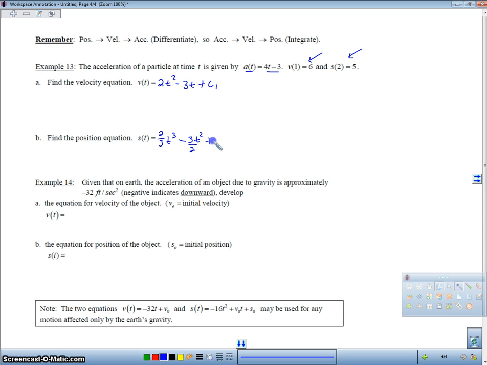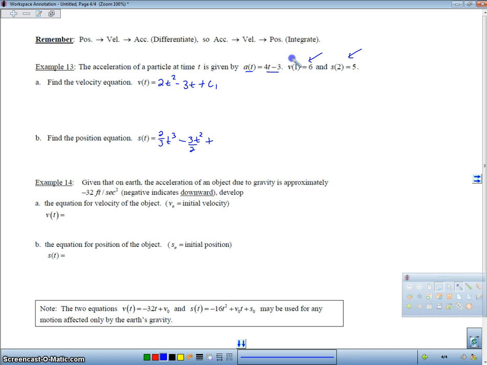Now when I take this one, notice here, I could end up with a C1 here if I didn't have my initial condition. I'm going to end up with a C at the end because every time I take an integral where I don't have a condition, and I don't know what that C is, I have to take that C at the end. So I'm going to end up with a C2 here. So I'm going to use C1 to begin with.